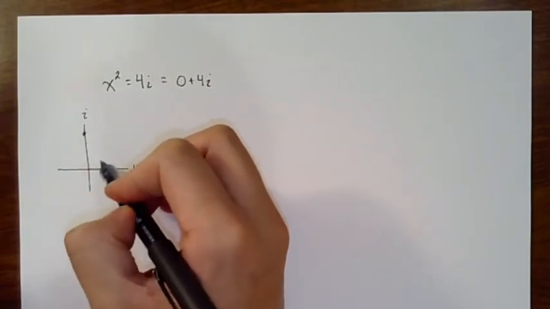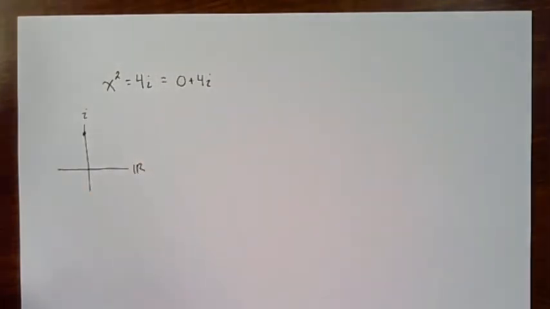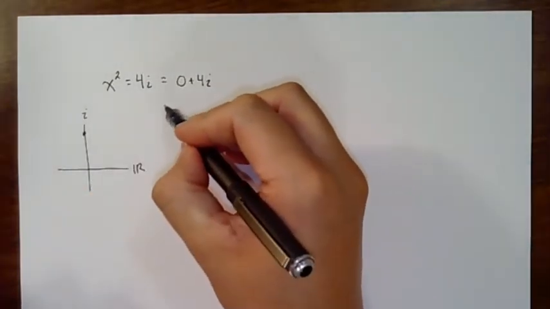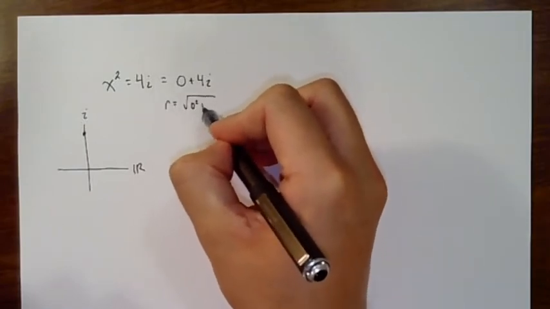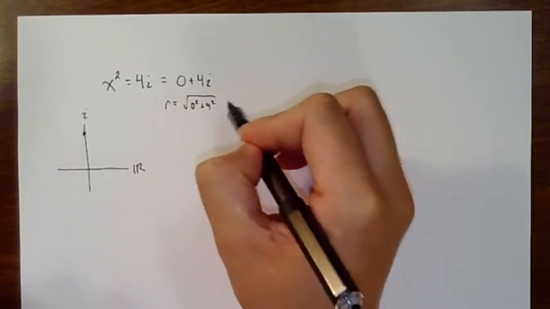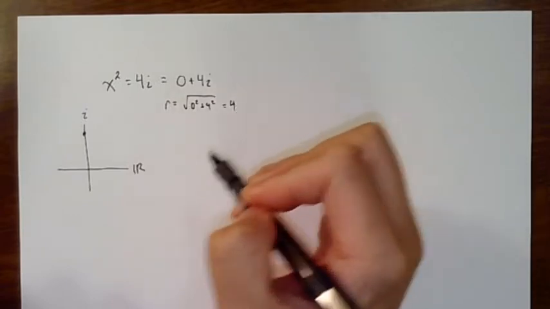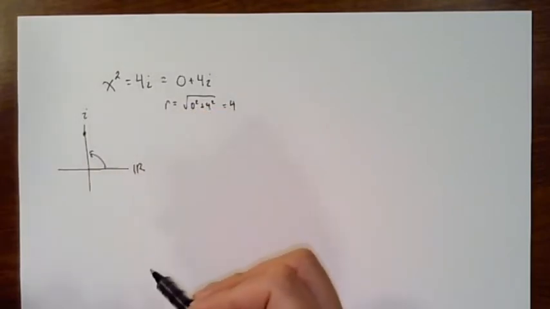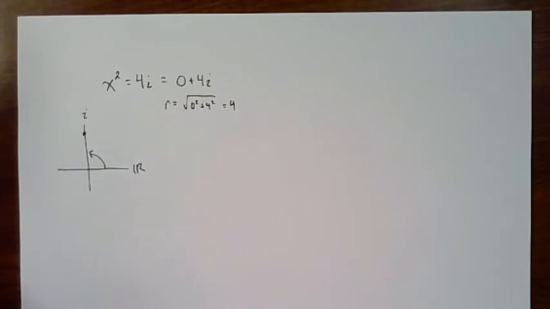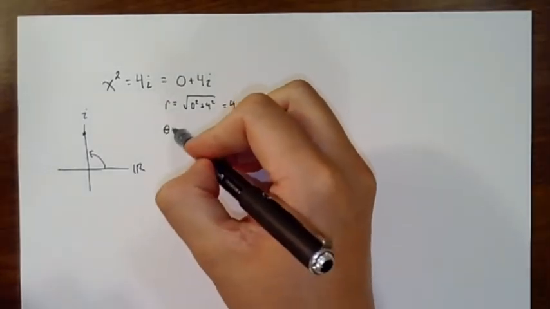So it shows up on the positive imaginary axis. You can find its r the way we always do. r is equal to the square root of 0 squared plus 4 squared, which is a squared plus b squared, which is just 4. Now the angle is not too hard to find. It's just on the positive imaginary axis.